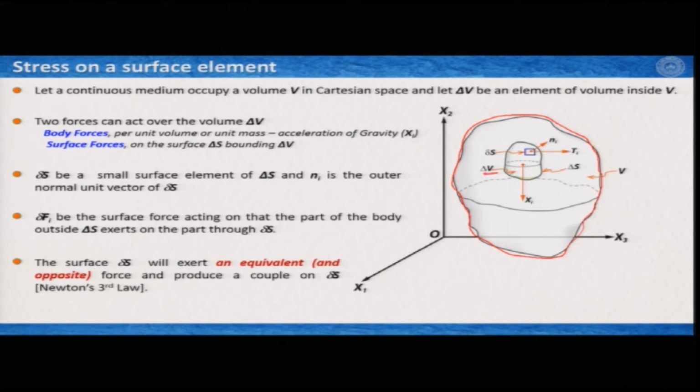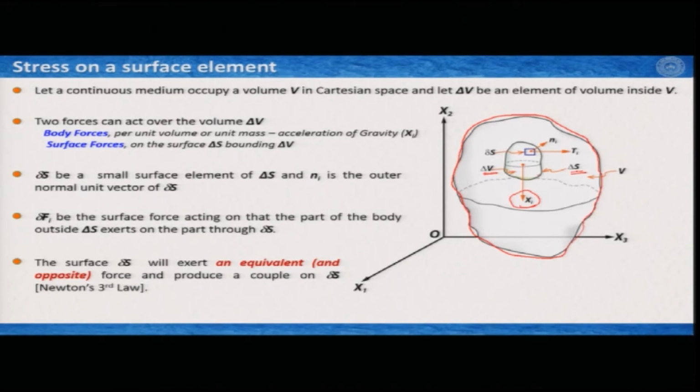Now, if I consider this very small volume del V, then as we have learned, two different forces would apply on this. One is body force, which is acceleration of gravity, which is xi, and then surface forces that must act on a very small surface. So, let us consider that this is del S, which is this entire area.